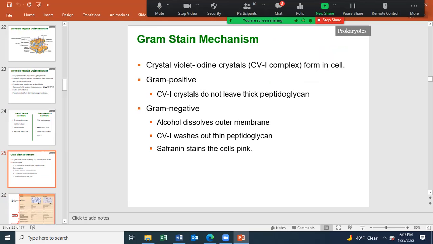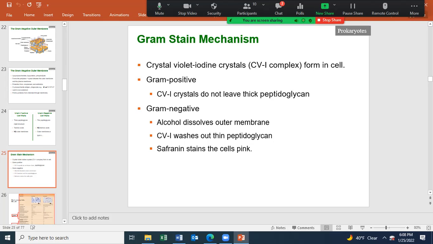The cell wall does allow the gram stain to differentially stain the cells, meaning the crystal violet iodine complex gets stuck in the thick peptidoglycan of a gram-positive cell wall, and they do not leave the cell during the acetone wash or the decolorizing step.